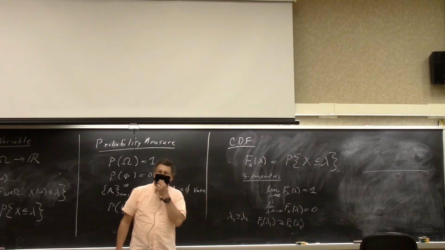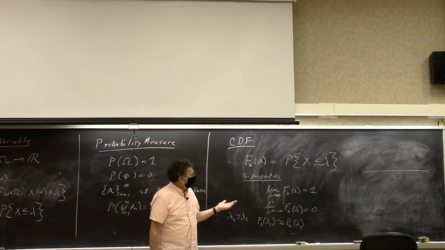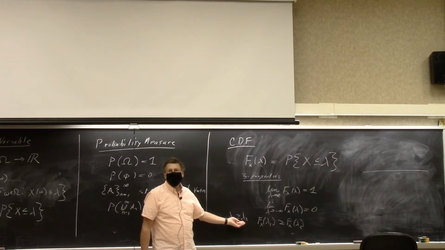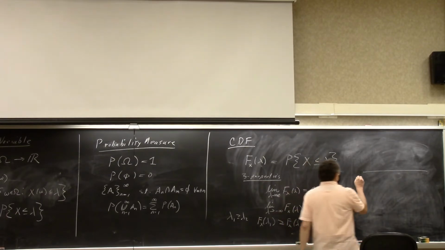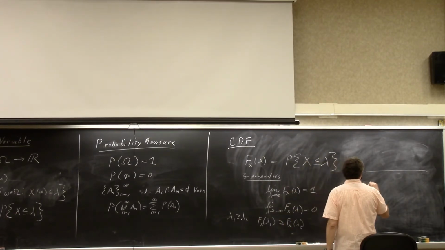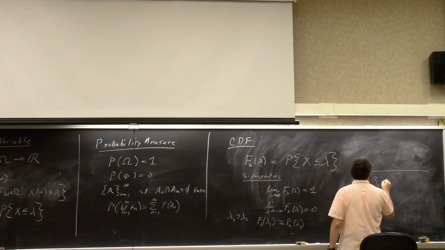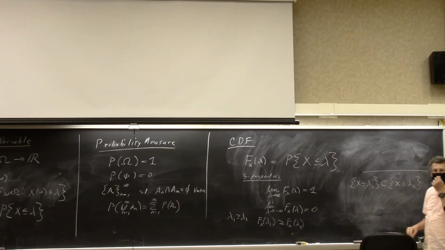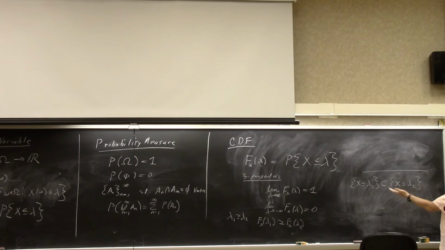Because if X is less than lambda 2, then X must be less than lambda 1, which means that the event X less than lambda 2 has got to be a subset of X less than lambda 1, right?